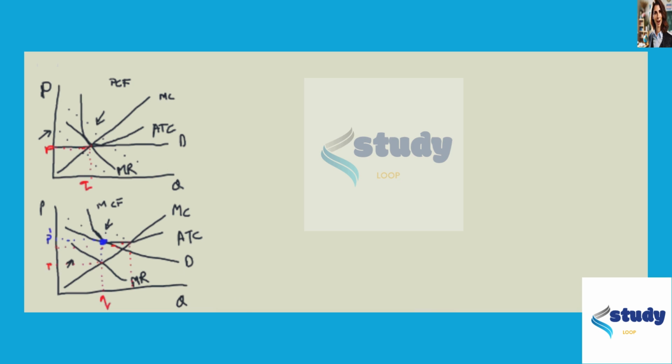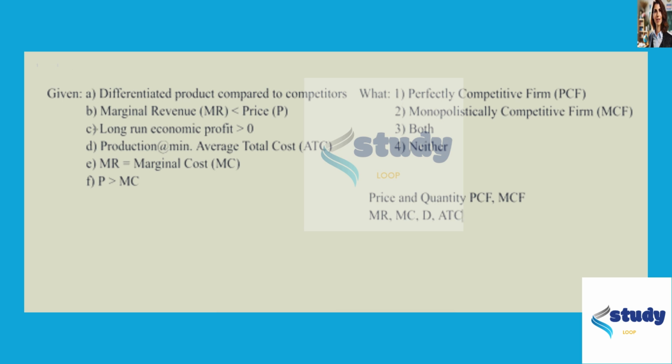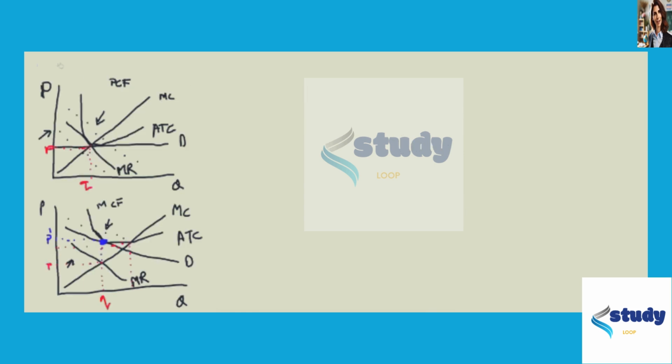So we now have the setup for the MCF and the PCF. Now let's take a look at each of those different characteristics. The first characteristic is that it has a differentiated product compared to its competitors.